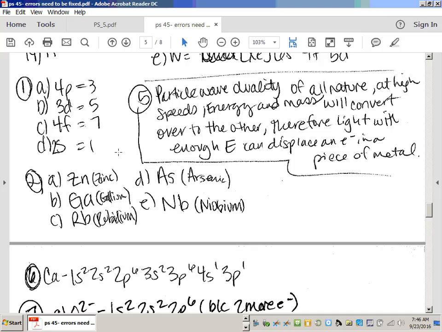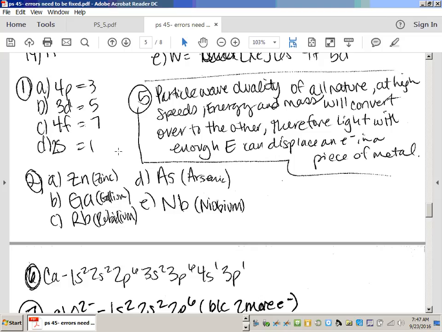So pull that into one sentence: the light can excite electrons, and can maybe even displace the electron out of the element entirely. Sometimes it just jumps to a higher energy level and then falls back down. If there's enough energy, you can pop it out.